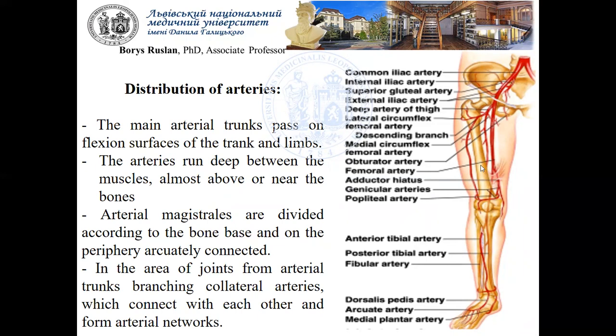Arterial magistrals are divided according to the bone's base and are accurately connected on the periphery. Fourth, in the area of joints, arterial trunks branch into collateral arteries, which connect with each other and form an arterial network.